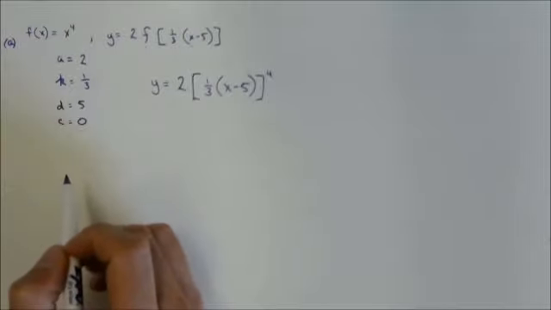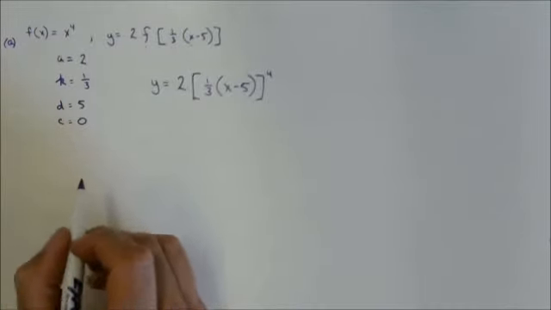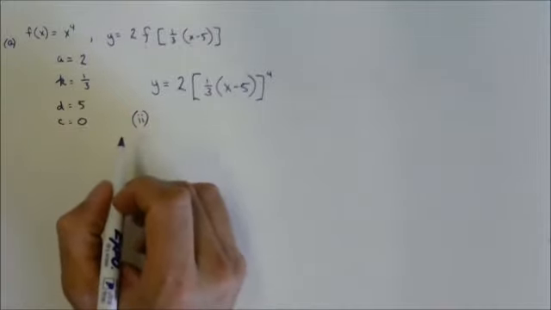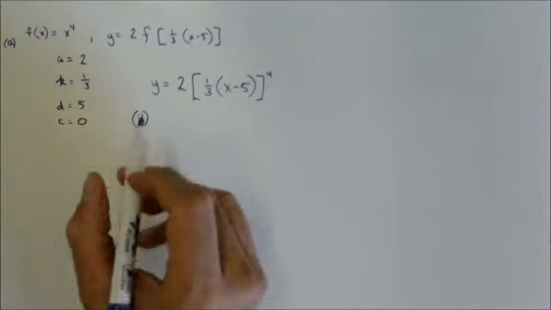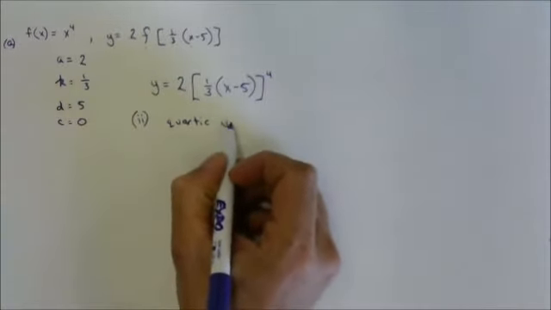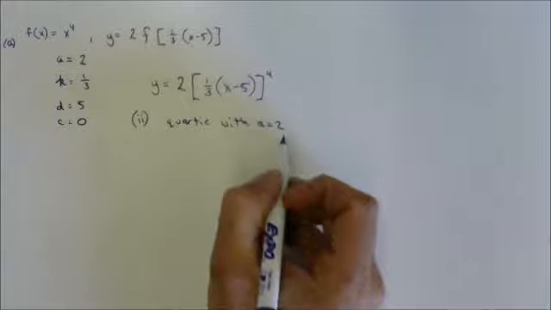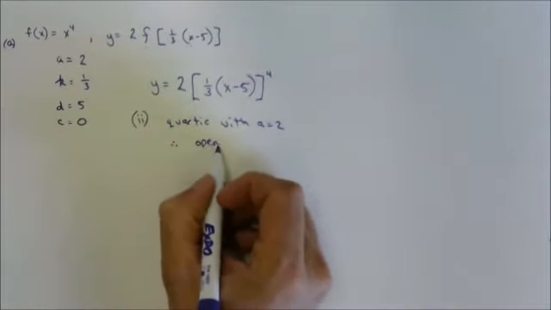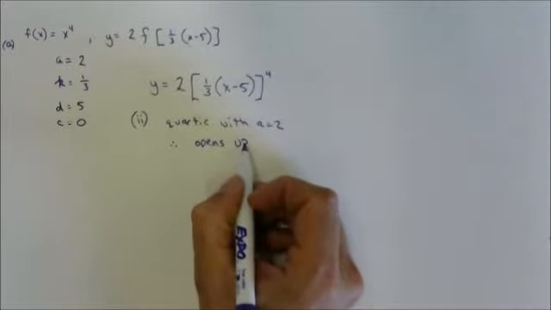All right, quickly, domain and range. This is a quartic function with a equals 2. Therefore, what do we know about it? It opens up.